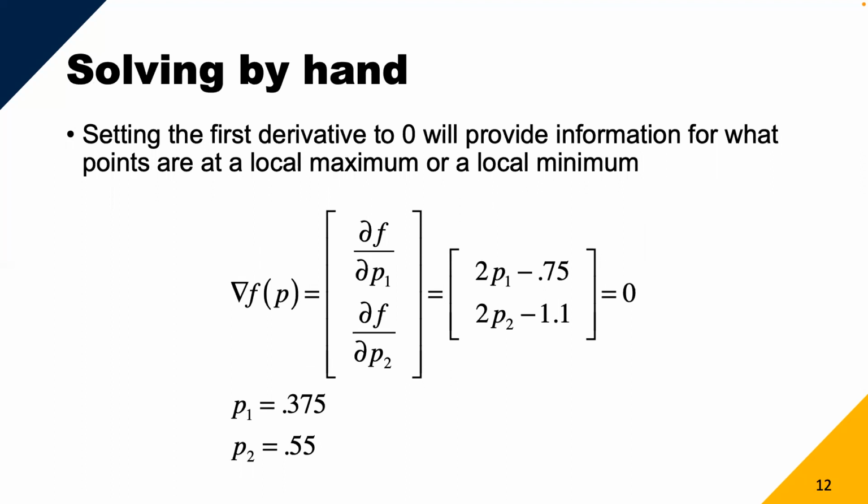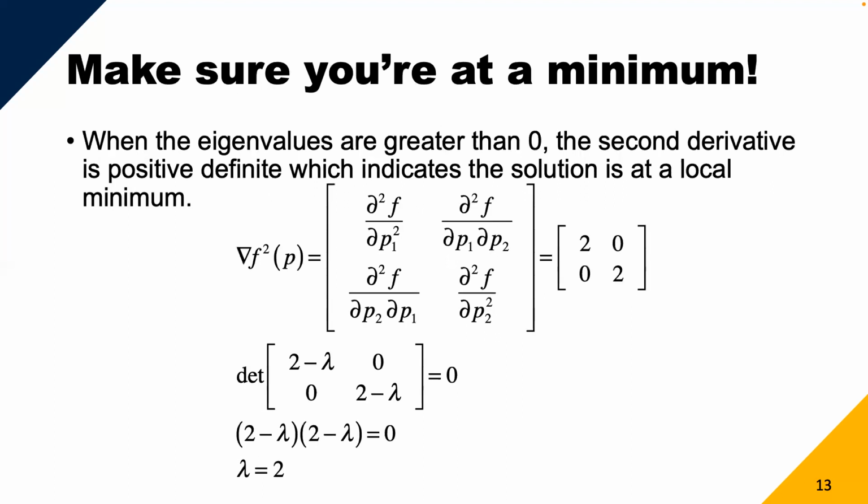2p1 minus 0.75, if I do the derivative of this equation with respect to p1, that's just 2, right? If I take the derivative of this with respect to p2, that's just 0, because there's no p2 here. If I take the first derivative with respect to p1 here, this is just 0, and with respect to p2, it's just 2. So you have this value.